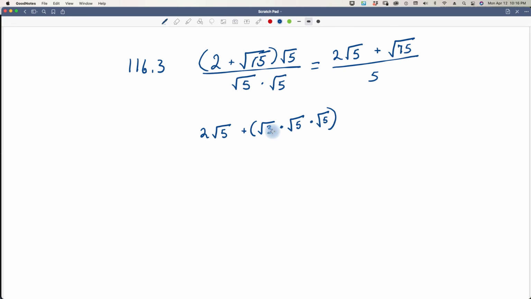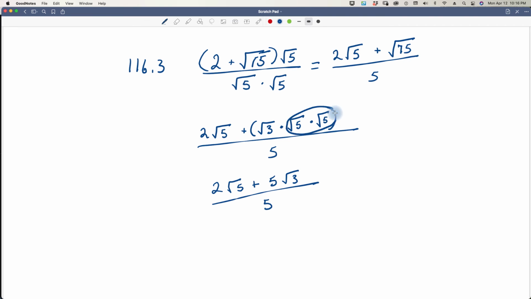That's 25. 3 times 25 is 75. So now that we know we've taken these two squares out, we can make that 1. So that ends up being 2 times the square root of 5 plus 5 times the square root of 3 over 5. And that's because we took this pair of 5s out of the square root.